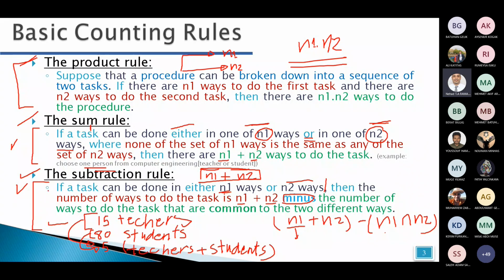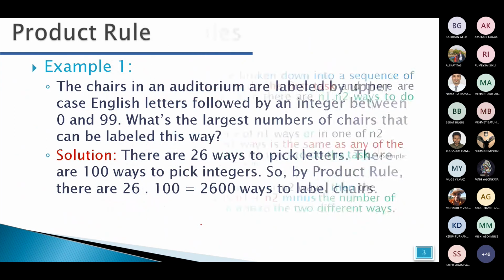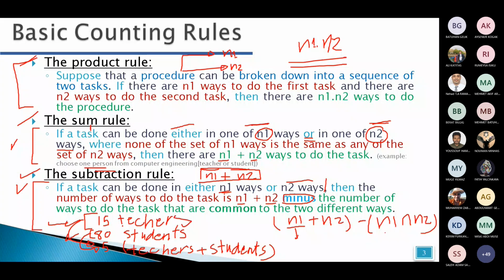So to select one from computer engineer, we have 15 teachers and 80 students, and between these 15 teachers and 80 students, we have 5 shared as teachers and students. So to select from the teachers, we have 15 ways because we have 15 teachers.